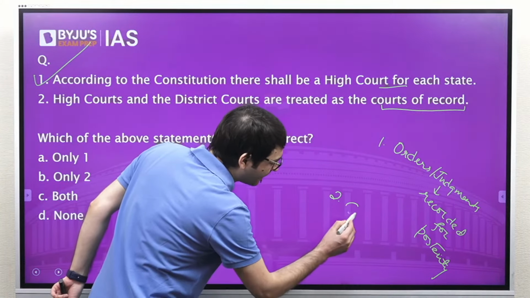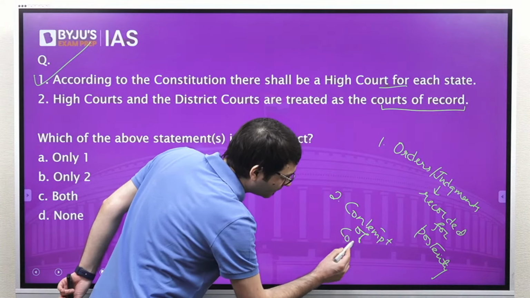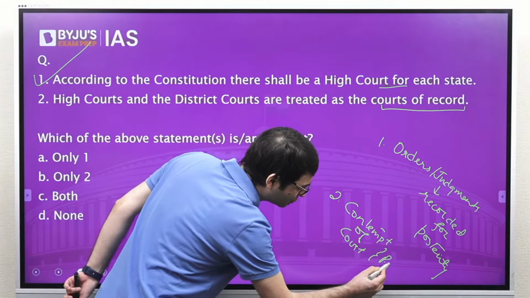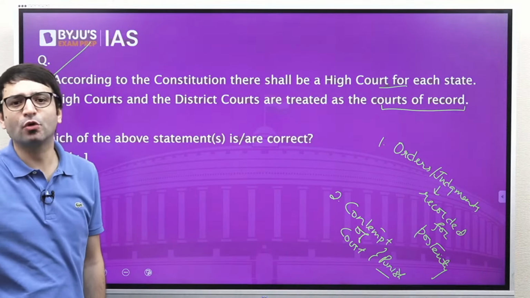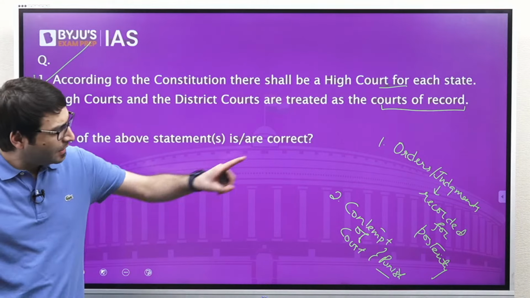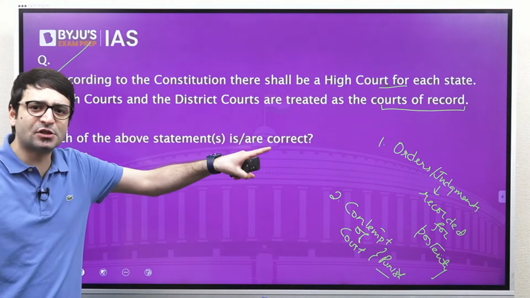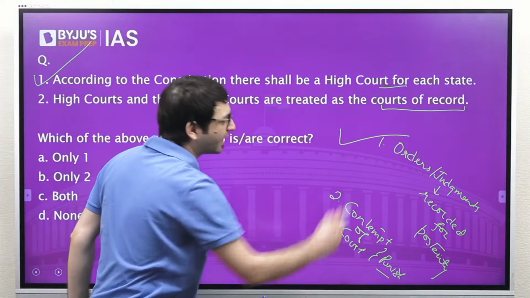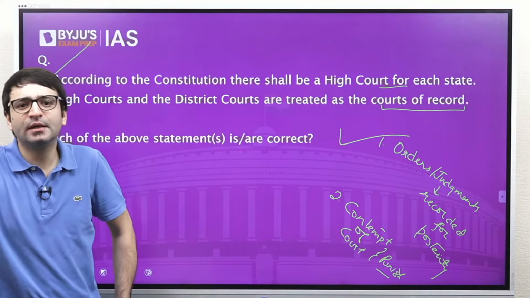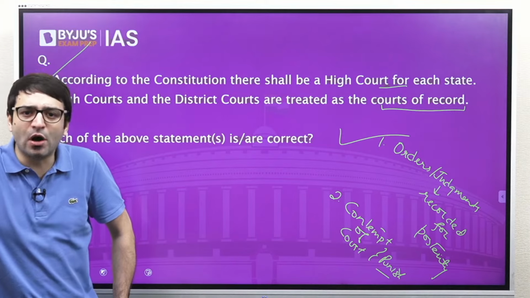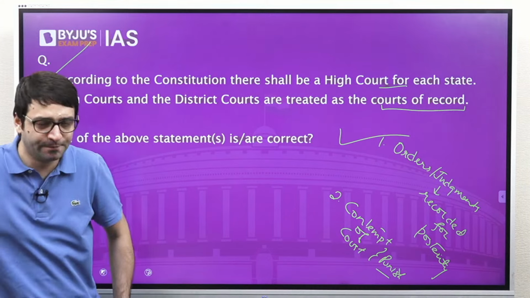And second, if you have the power to punish those who commit contempt of your court. Both district courts, as well as High Courts, as well as the Supreme Court, satisfy criterion 1, which means their orders, their judgments, their rulings, their awards are recorded for posterity and they cannot be questioned when they are produced before any other authority.